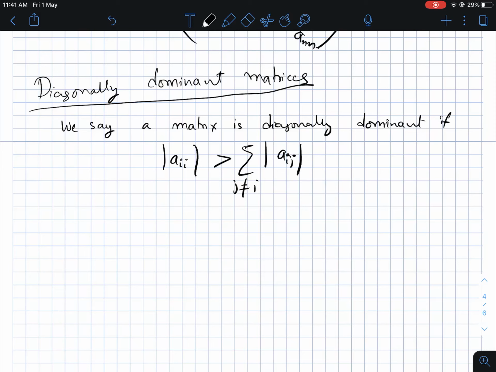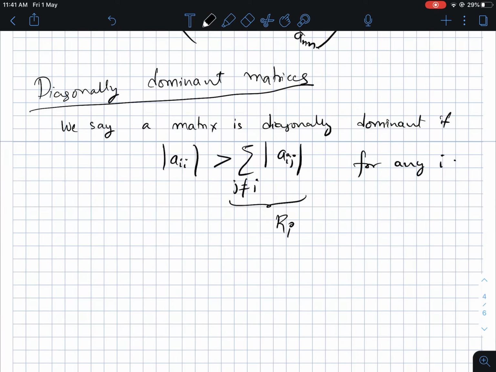So j not equal to i, for any i. Meaning that in the matrix, no matter which row you pick, the diagonal entry will have an absolute value that is larger than the sum of all the absolute values of the others combined. So this is precisely your Ri from the Gershgorin circle theorem, the ith radius.